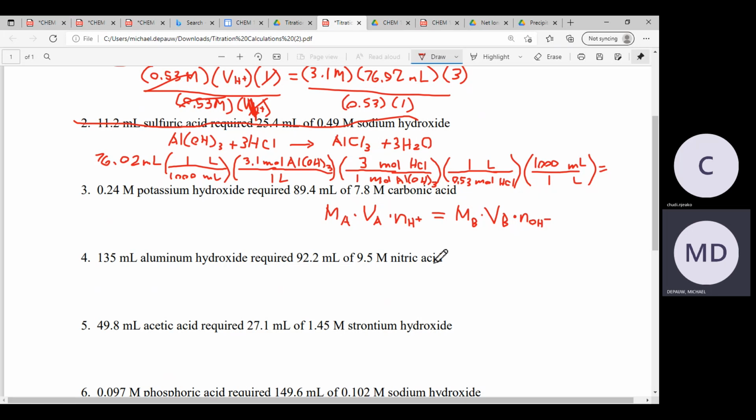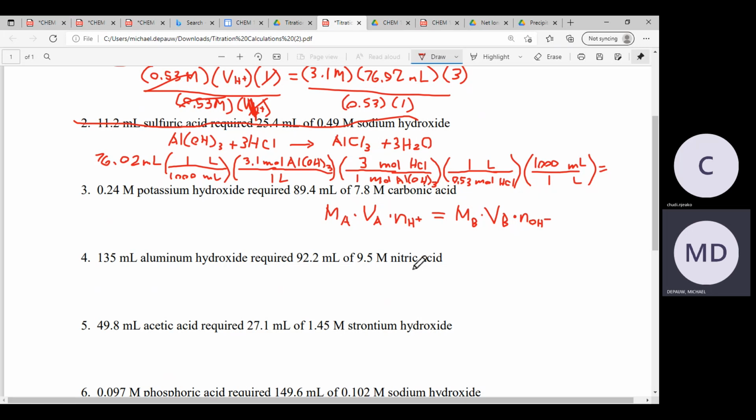Now, notice also that this equation is very similar to the dilution equation, M1V1 is equal to M2V2. So if you're diluting something, you can just use M1V1 is equal to M2V2. This is just a slight expansion of that because it takes into account the number of H pluses and OH minuses in the equation. But usually, even with the titrations, they'll be monoprotic.